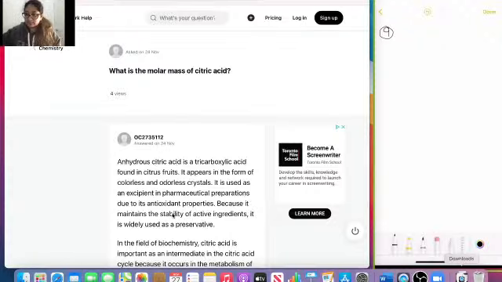Okay, so now we need to find the molar mass of citric acid. As you can see by the name, it is an acid. I'll just give you some background knowledge of citric acid.